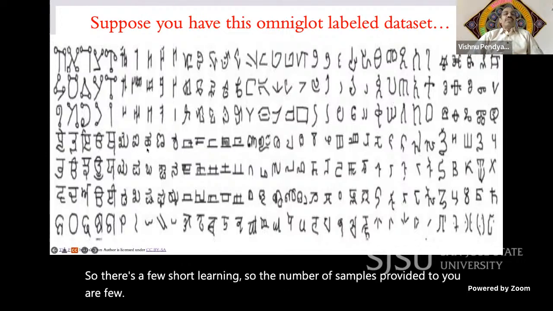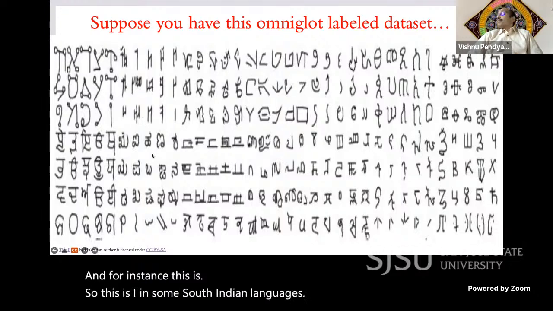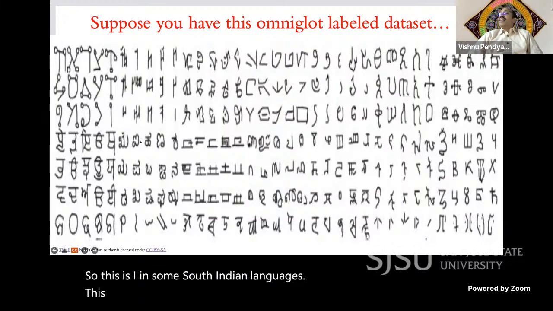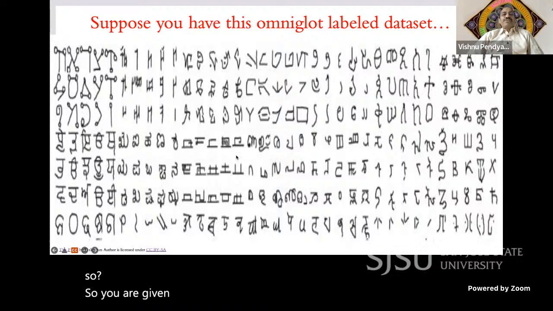And for instance, this is I in some South Indian languages. This is ha in Kannada, I think, or ka, yeah, ha, I think, na, and all that stuff, right? So there you are given a few shots of data, and you have to predict.